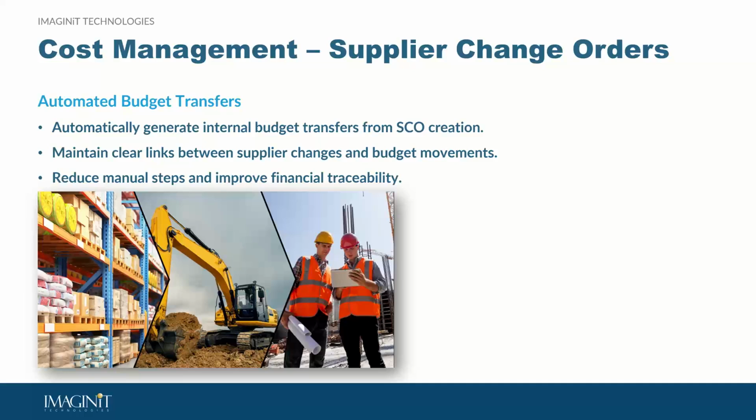It ensures that the books are balanced and supplier change orders aren't slipping through the cracks. This allows traceability between external changes and internal financial planning, having those two linked back and forth. You don't have to navigate and play detective. It's very handy automation that keeps us on track.